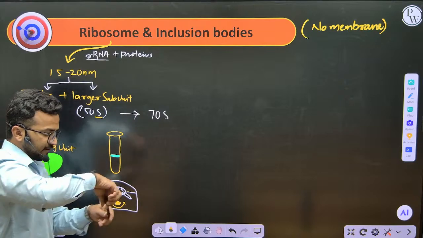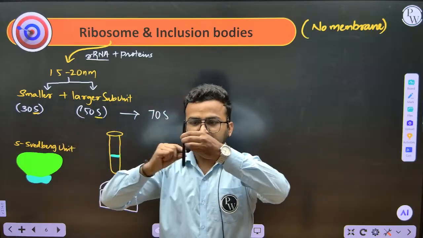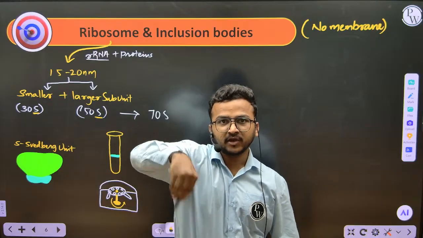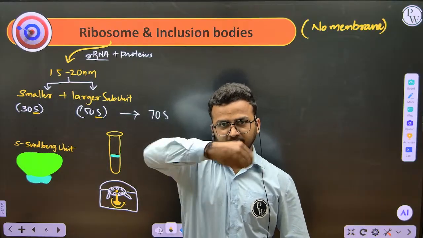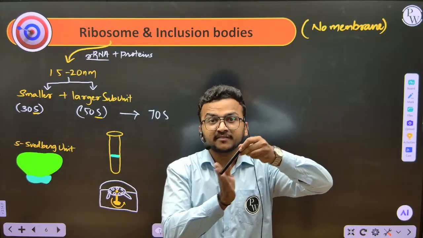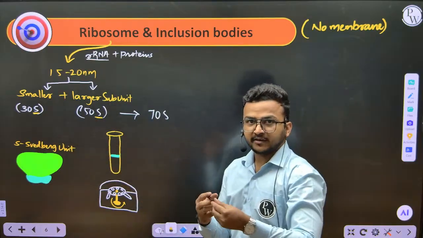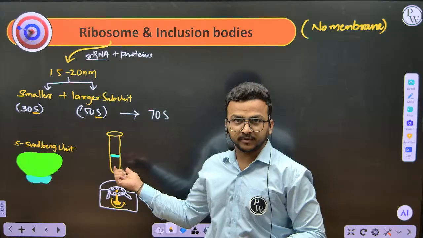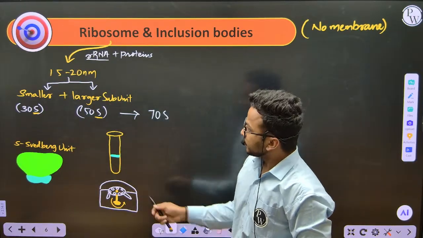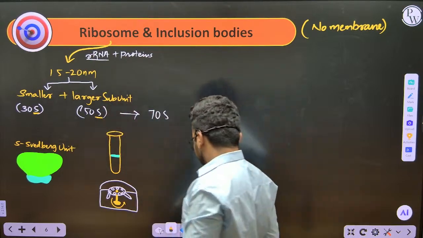Think that I am adding some water and some ribosomal smaller subunit there. When it rotates based on centrifugal force, the molecules move down based on their density. The density of this smaller subunit shows 30S. When we measure the larger subunit, it shows 50S.